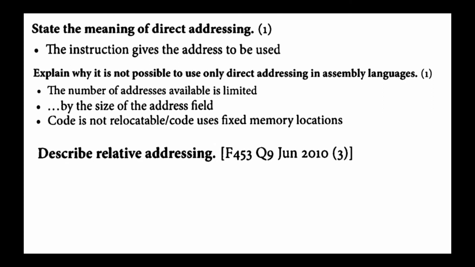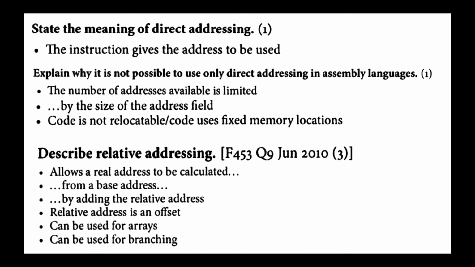That's what I say. I'm not sure if you actually get a mark though, if you just say code is not relocatable. You might get a mark just for saying that, but still, try and get as much information down as you can.